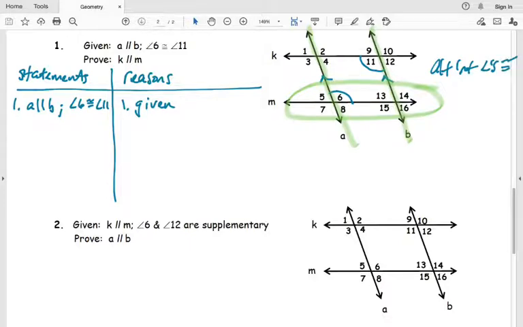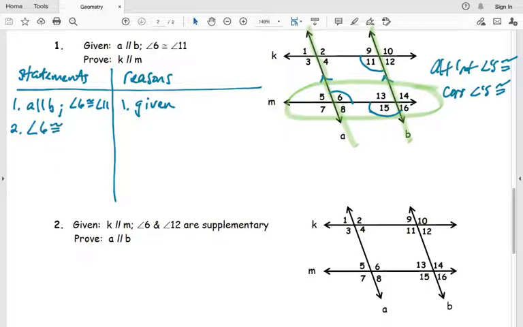I also know that corresponding angles are congruent. I also know things like same side interior angles are supplementary, but I'm talking about congruency here, so I probably want to focus on that. So I need to think about what would be an angle that angle 6 is either an alternate interior angle with or a corresponding angle with. Either one of those works just fine. 6 and 15 are alternate interior angles. So that's what I'm going to say next.